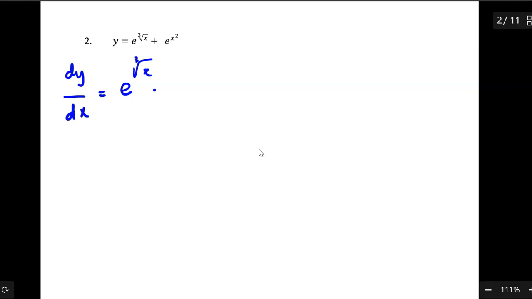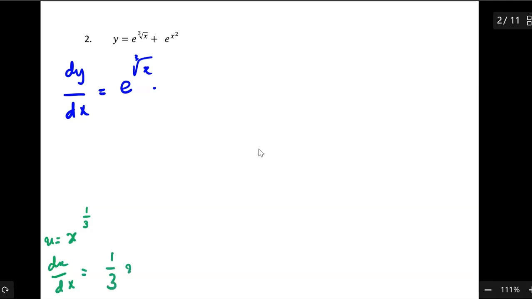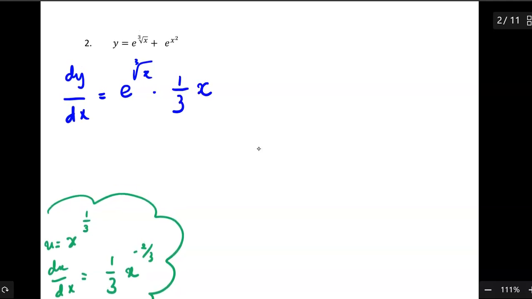So we have x to the exponent 1/3. Okay, so then du over dx will be equal to 1/3 x to the 1/3 subtract 1, so the answer should be negative 2/3. Okay, so in this case I multiplied it by 1/3 of x raised to the exponent negative 2/3.